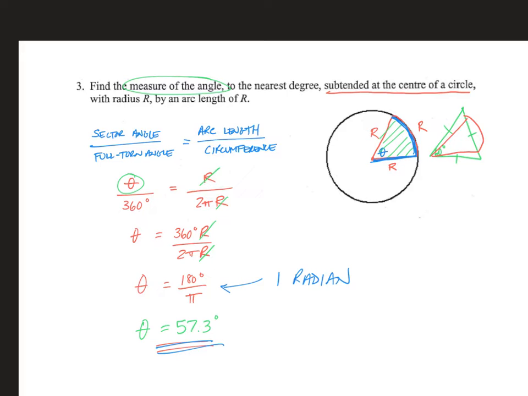So, we know a radian is about 57 degrees. But that's still us thinking in degree mode. And what we want to do is start to transition and put our thinking of angles no longer in degrees, but now into this new measurement called radians.